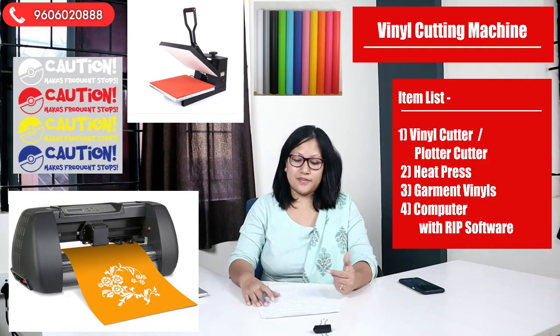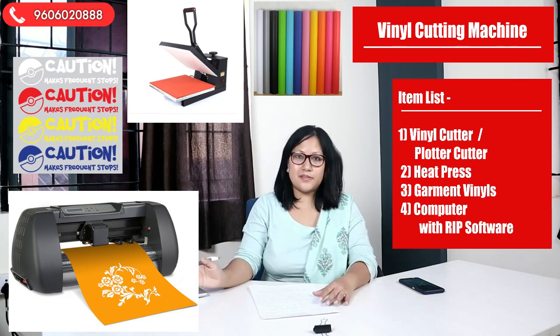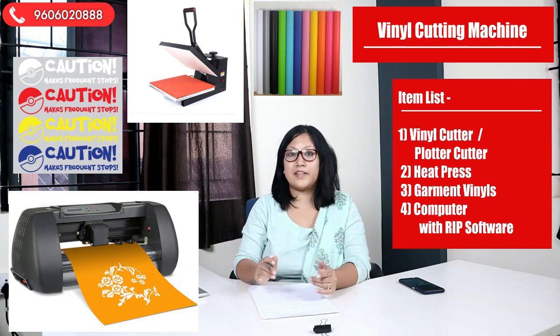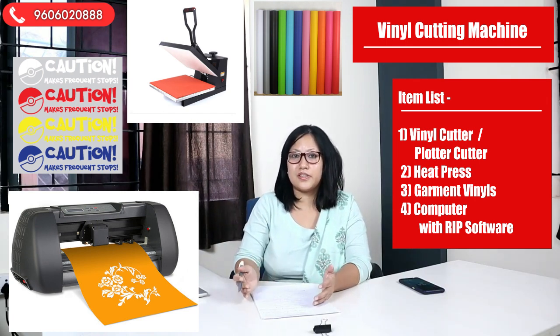Then we are coming to the next method, that is called the vinyl printing process. So in vinyl, what you require to complete the process: first, a computer or a system is always required, and the software used in vinyl is also the RIP software.